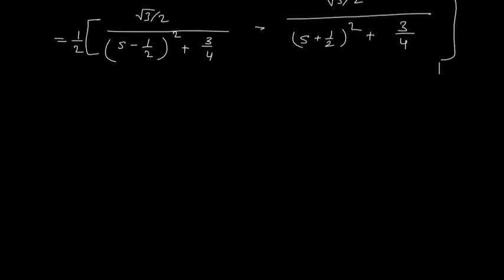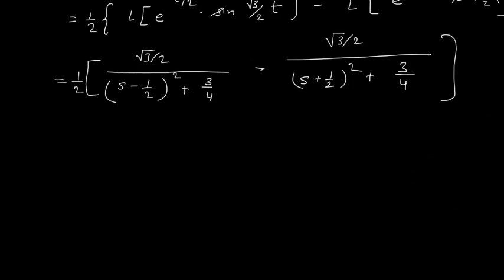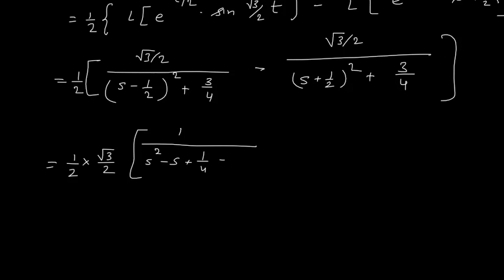Now root 3 by 2 is common, so let us take that out. So this is equal to 1 by 2 into root 3 by 2. Inside I have 1 upon, now I will open this bracket, this is s square minus s plus 1 by 4 plus 3 by 4. Here I have 1 upon root 3 by 2, so I have taken common.